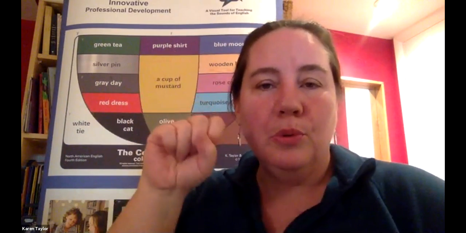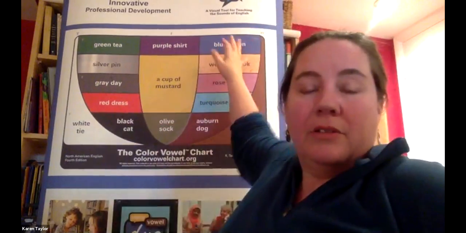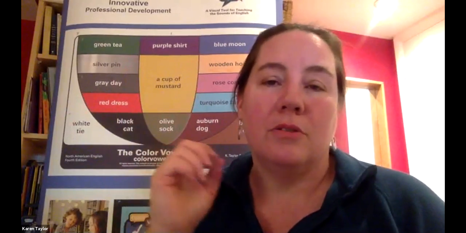And then if we have a word like pool, go to the pool, pool, pool, ooh, ooh, ooh, that would be a blue sound. So pool is a blue word. Blue, moon, pool. Okay. Now we could take that same blue sound and find a two-syllable word like student. We don't say student. That is not the way we say that word.